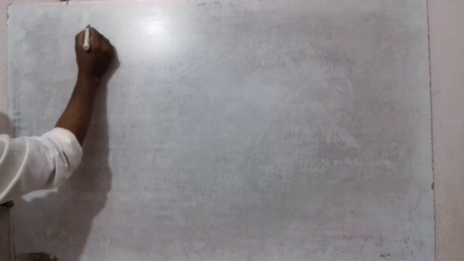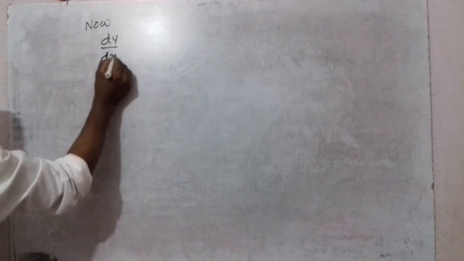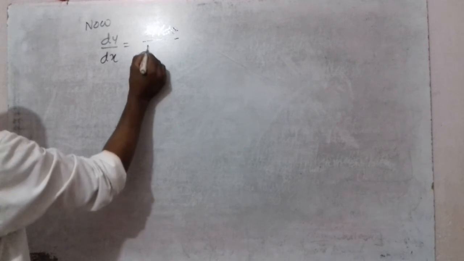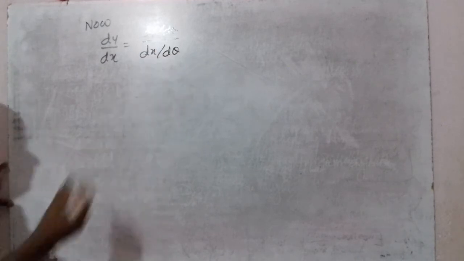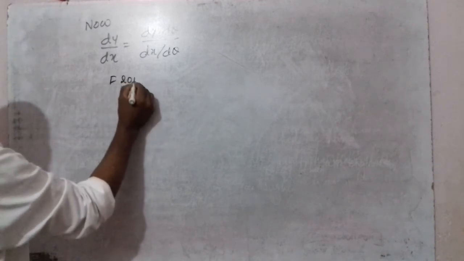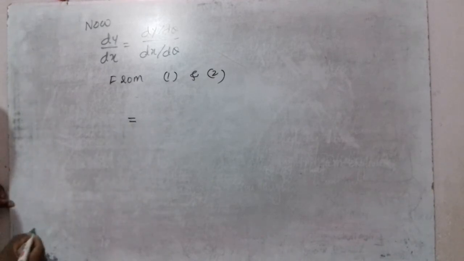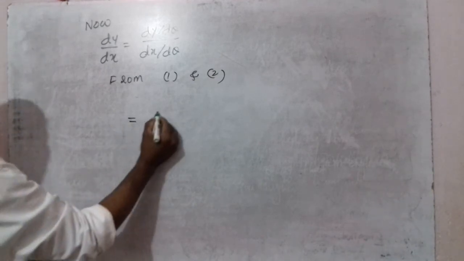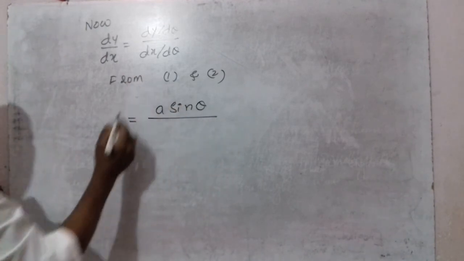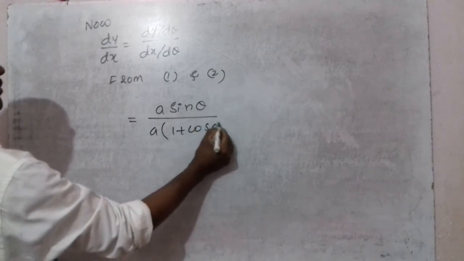Now to find dy by dx, dy by d theta over dx by d theta. From 1 and 2, this equals dy by d theta, which is a sin theta, over dx by d theta, which is a into bracket 1 plus cos theta.